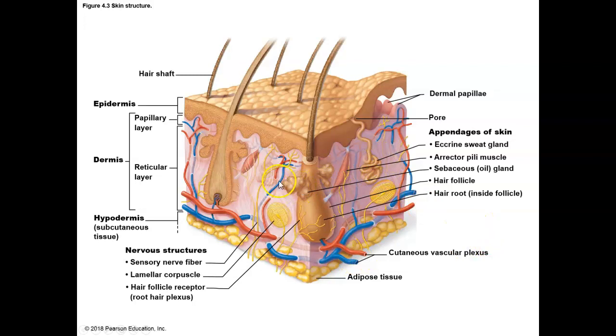Within this, you can see a lot of different accessory organs, which we'll talk about, including your sweat glands, your sebaceous glands, your erector pili muscles, which control your hair, hair follicles, then blood vessels, and nerves.